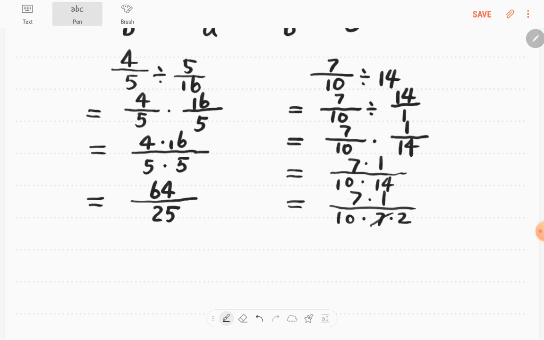Then we can easily cancel out the fraction to get the simplest form of the fraction. Okay, that's for the objective D, multiplications and the divisions.